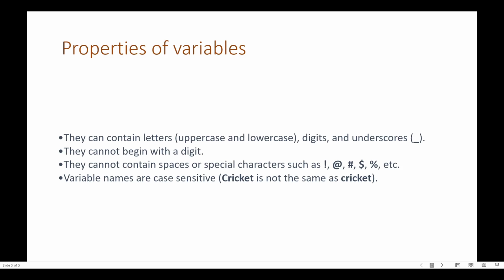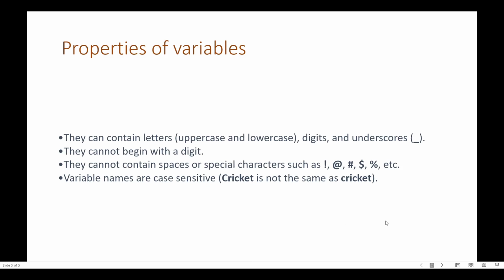We cannot assign that as a variable. They cannot contain spaces or special characters such as exclamation mark, at the rate, hash, dollar sign or percentage sign. Variable names are case sensitive. For example, Cricket where C is capital is not the same as cricket where c is not capital.